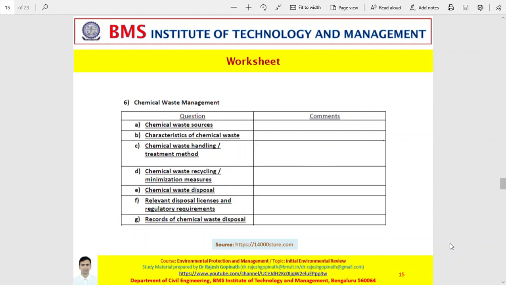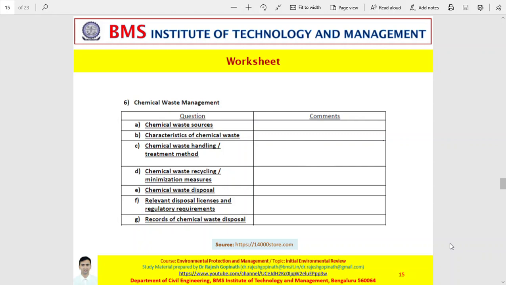The idea is that any act which the company is obliged to follow makes the company mandate those necessary corrective and precautionary measures within their operations. Hence, by having the necessary acts mentioned here, any person who is carrying out an initial environmental review will get an idea whether the company is doing the activities and processes in an environmentally justified manner.